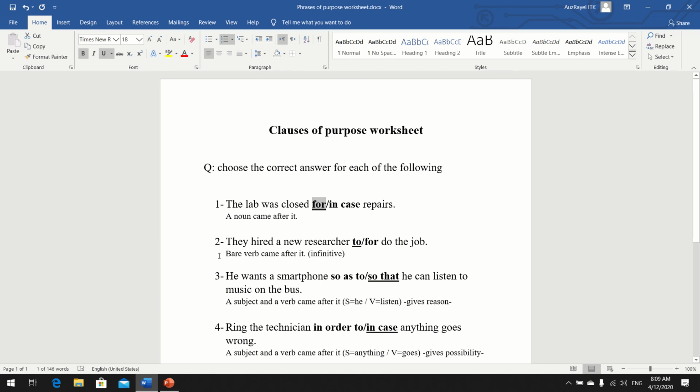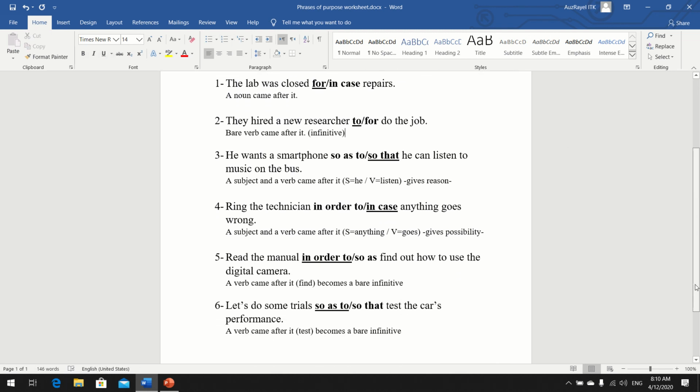The second sentence says, they hired a new researcher to do the job. And the reason for choosing to is that we have a bare verb, which is a verb infinitive. Well, it will become a verb infinitive after using to. So we choose to instead of for.